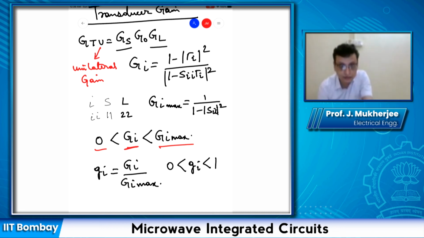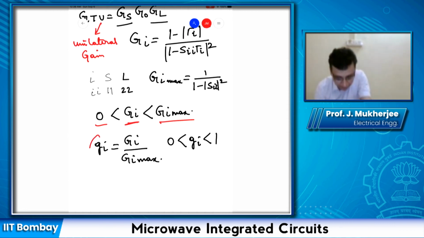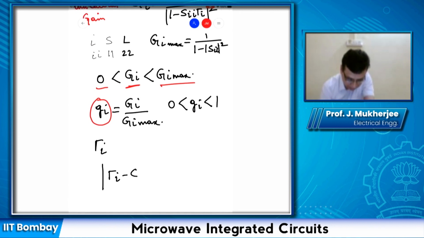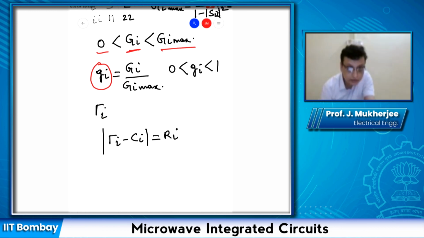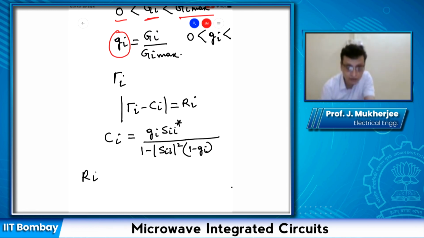Now if we fix the value of this small gi and find the locus of gamma I for which small gi remains constant, then we'll get an equation like this. And here CI is given like this. And this capital RI, or sometimes I will refer to it as small ri also.